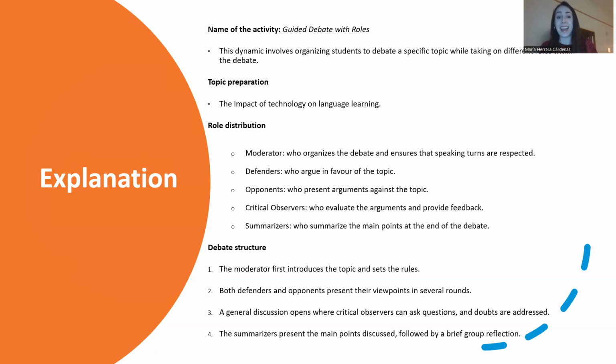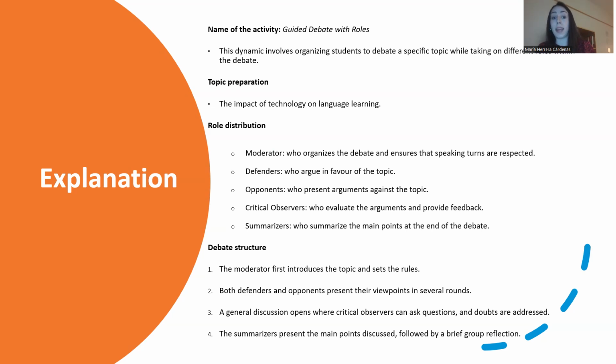Then when considering the structure of this debate, it would be convenient to follow some steps. First of all, the moderator introduces the topic and sets the rules. Then both defenders and opponents present their perspectives, their points of view, in different rounds.